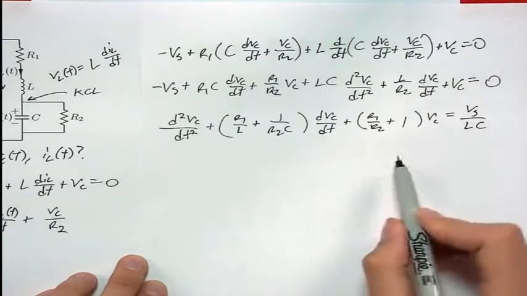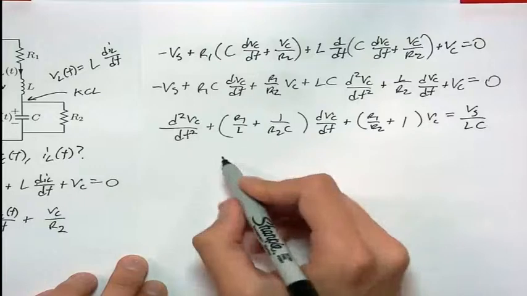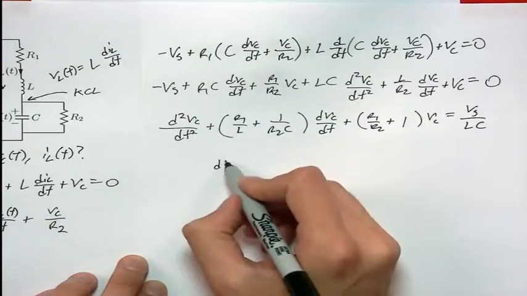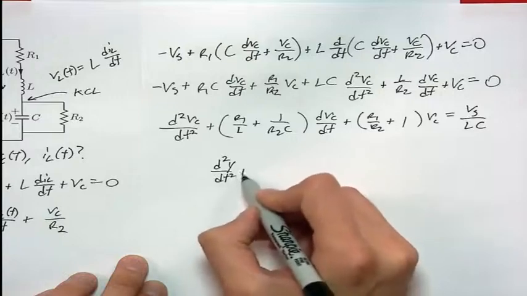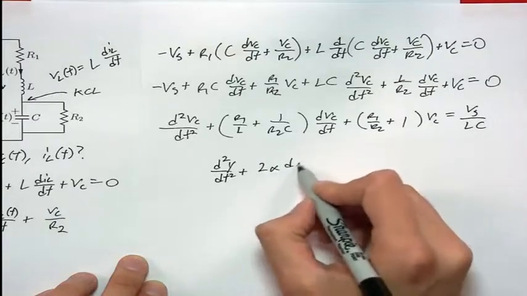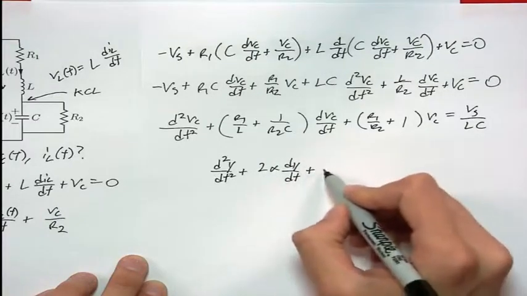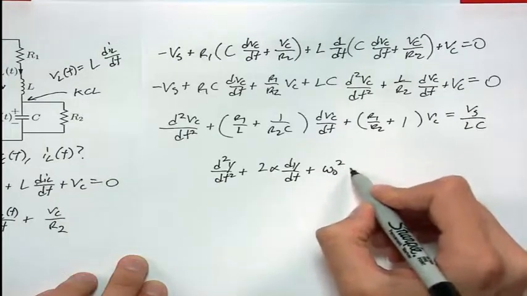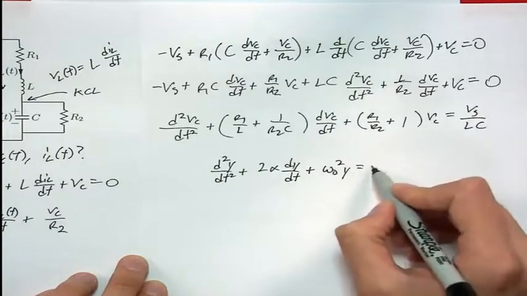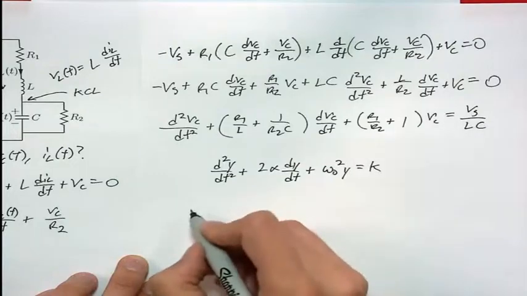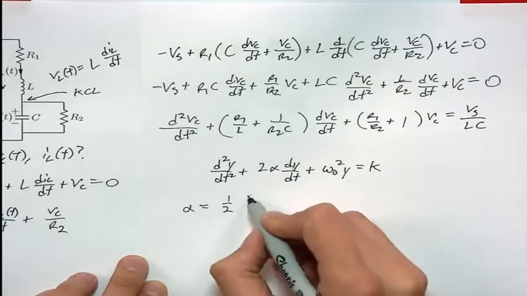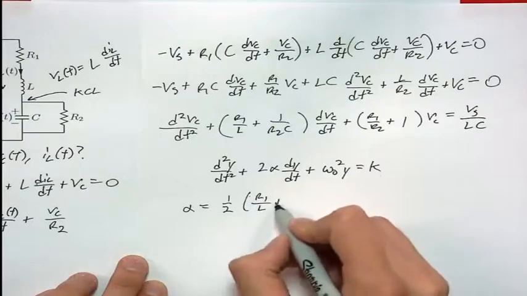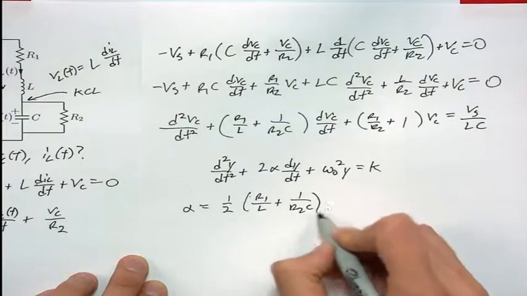Now this looks like the second order differential equation we've seen, where we have d squared y over dt squared plus 2 alpha dy/dt plus omega naught squared y equal to K. So our alpha is one half of R1 over L plus 1 over R2C.